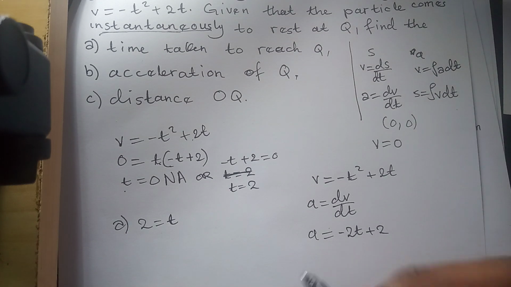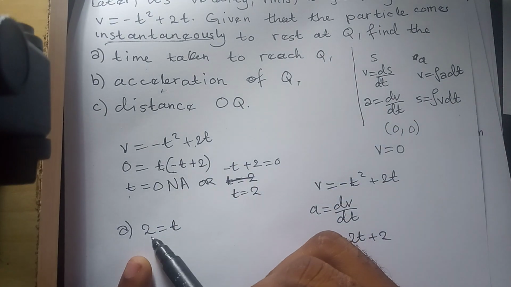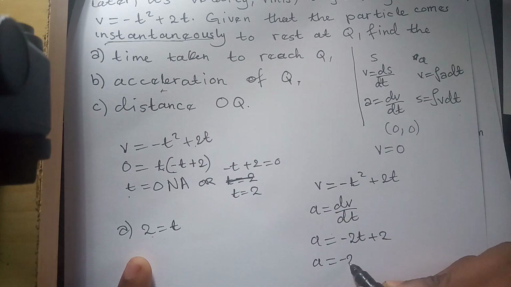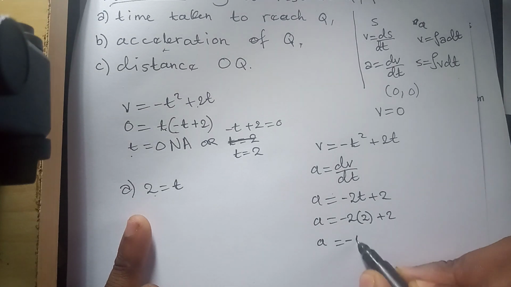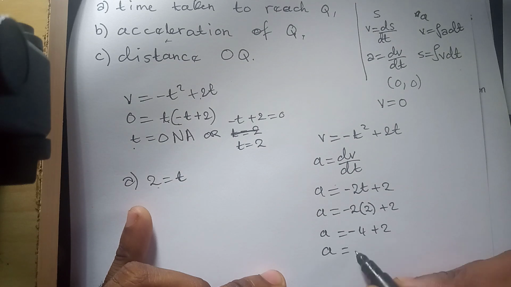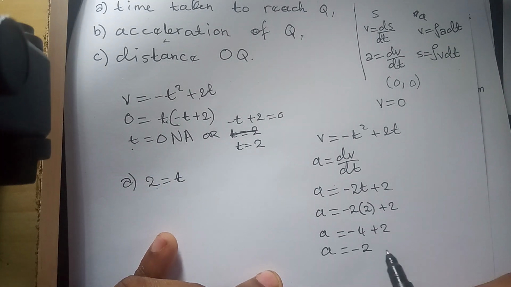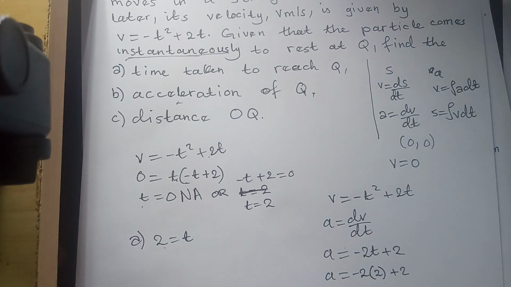At this point we know that t is equal to 2, so a is equal to negative 2 times 2 plus 2, which is negative 4 plus 2, so that a is equal to negative 2. Again, you don't need the units here because this formula already has the units.